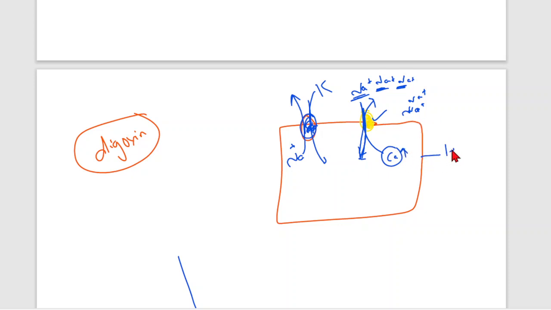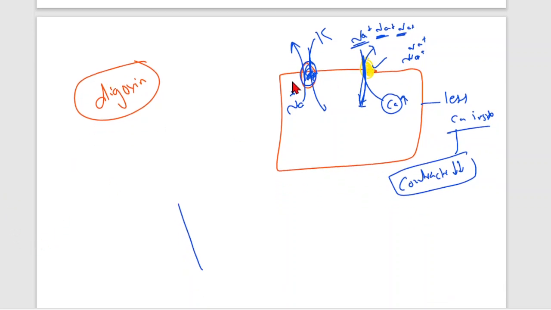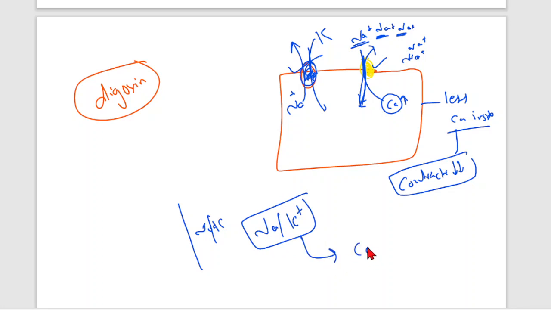So less calcium remains inside the cell, and the contractility becomes decreased. If the sodium potassium channel is activated, contractility is less.